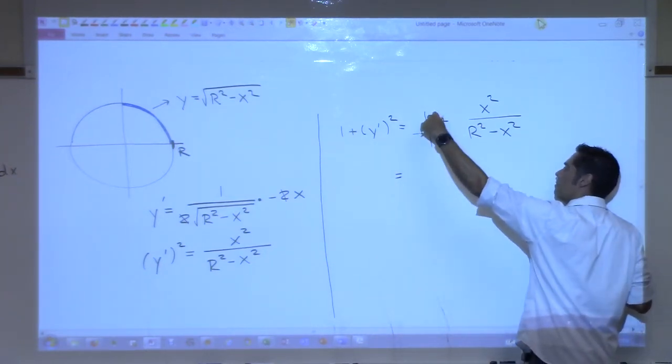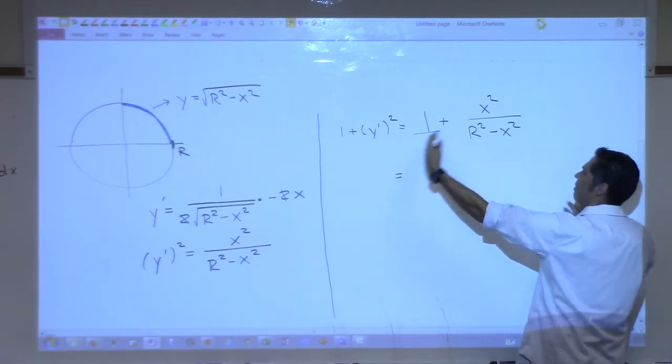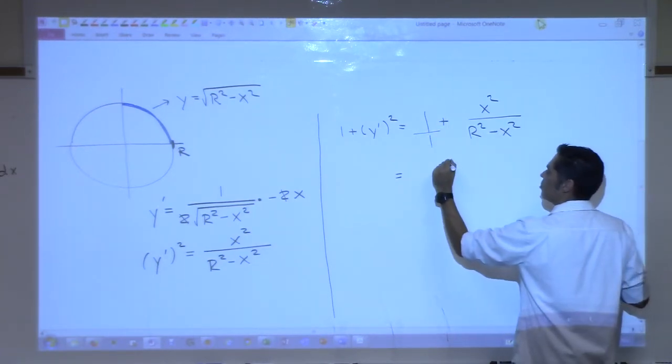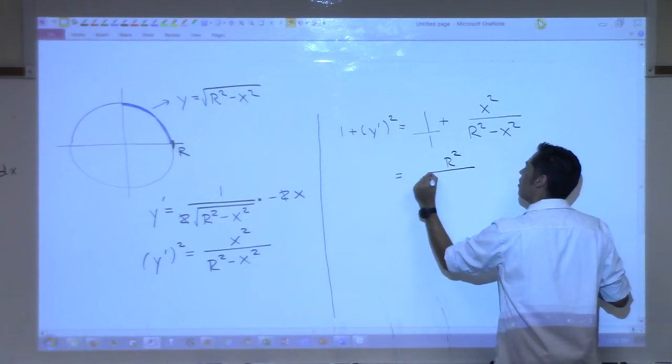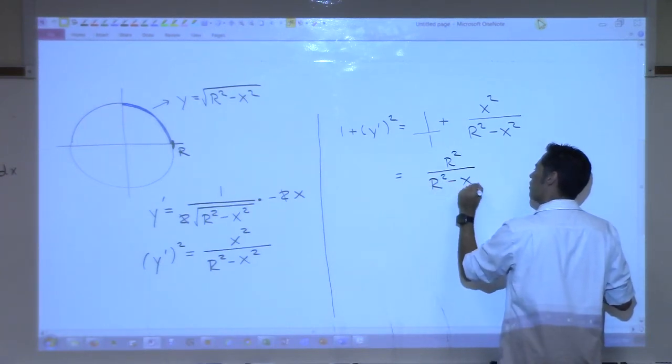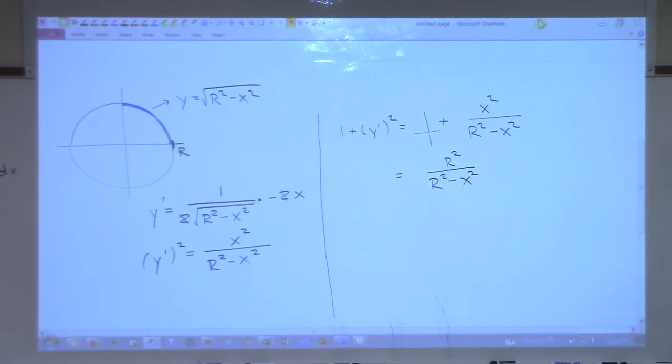So I've got to put R squared minus x squared on the top and bottom, and then put them together. And when you do that, you should get R squared on top over R squared minus x squared. Do you all believe that that's the way to work? Common denominator. And then I need what? Square root of that, right? And I think it's time for the integral. Let's go ahead and go right to the integral at this point.